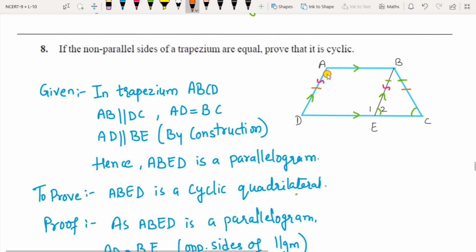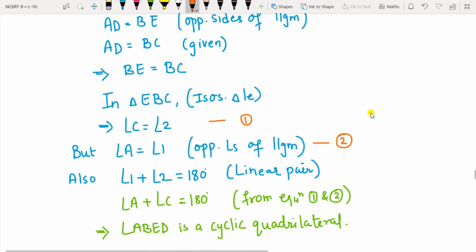But angle A is equal to angle E. These are the opposite angles of a parallelogram, so these two are equal. That is your equation number 2, opposite angles of a parallelogram are equal.